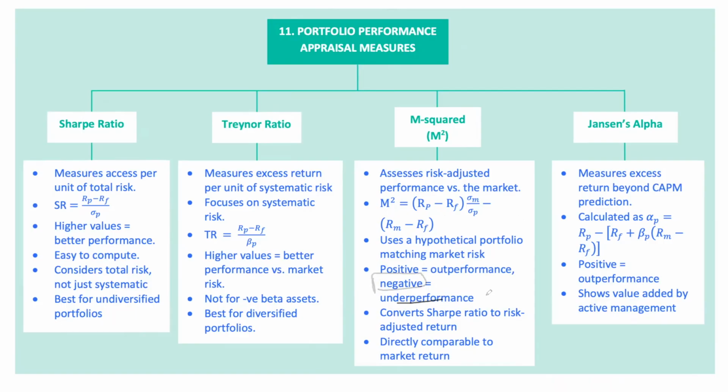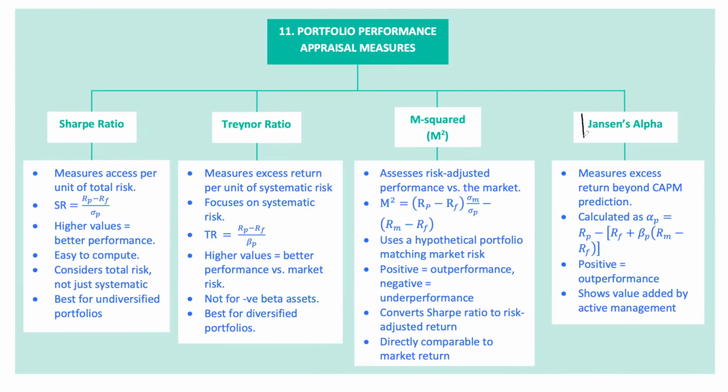If it's negative, underperformed, and if it's zero, you basically match the market. It's just another way of saying how much better or worse did we do than the market after accounting for risk. And the cool thing is it converts the Sharpe ratio into something more intuitive, an actual return number.